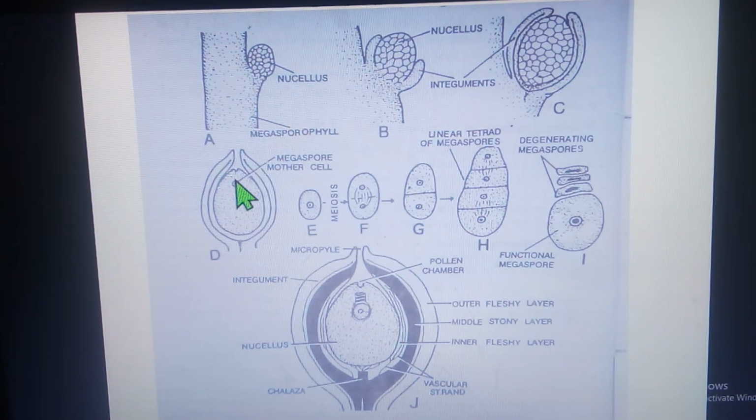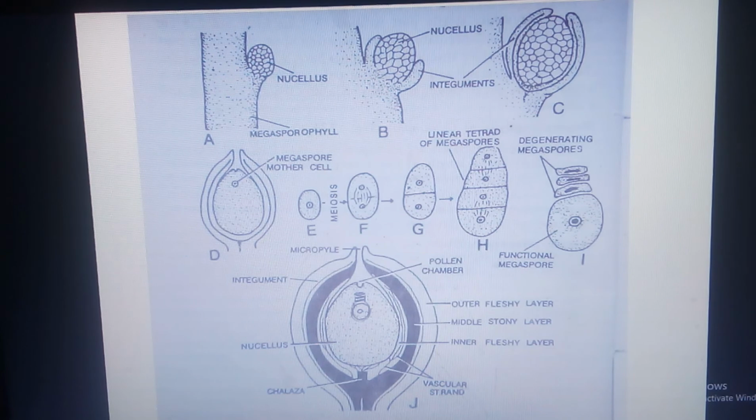One of the deeply situated cells of the nucellus, we can see many cells inside the nucellus, will become larger in size with a prominent nucleus and dense cytoplasm. This cell will differentiate and function as a megaspore mother cell. I repeat, out of the many cells in the nucellus, one deeply situated cell becomes larger with a prominent nucleus and dense cytoplasm, and it functions as a megaspore mother cell.